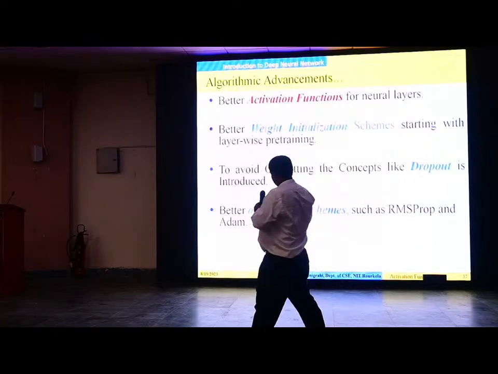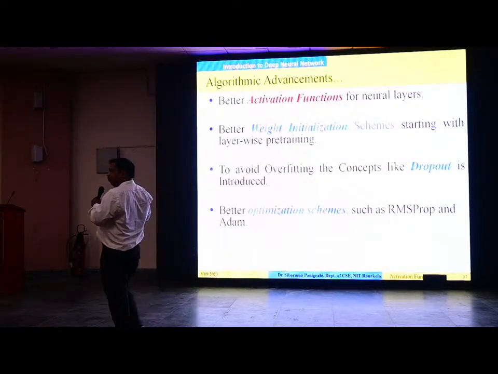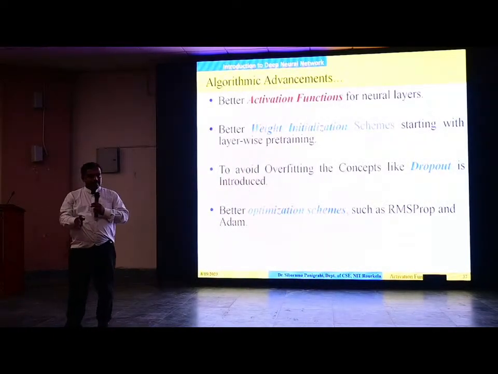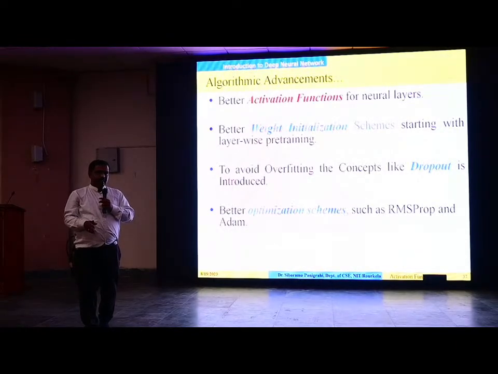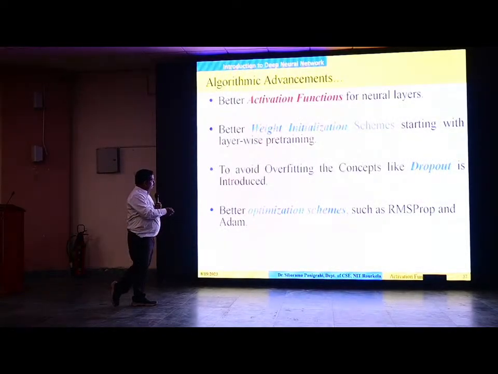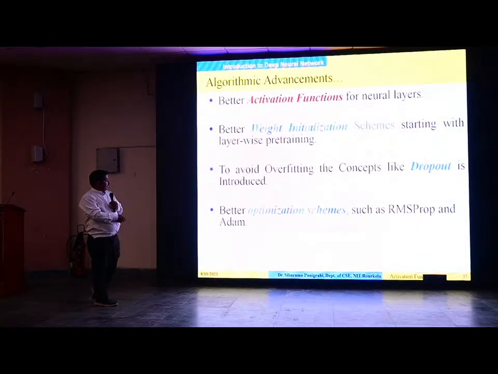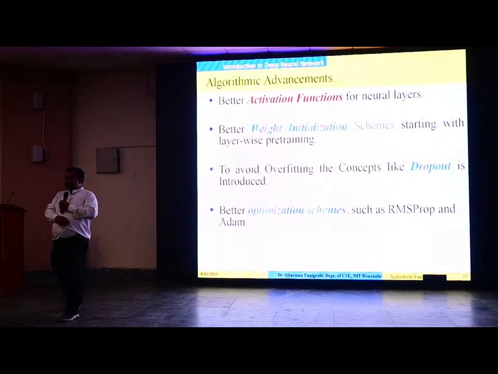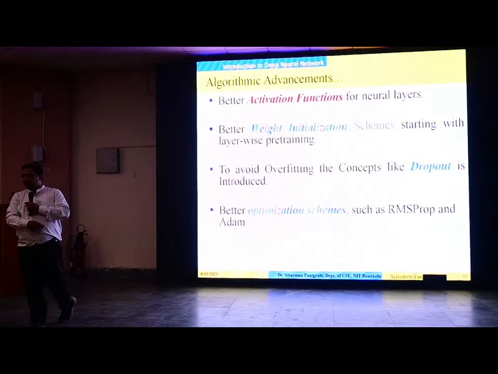But after 2010, they have developed some weight initialization schemes that makes it helpful so that the deep learning models become popular. Another one is overfitting concepts. To avoid overfitting, concepts like dropout is introduced and better optimization schemes. We will go through the optimization schemes that have been developed recently.